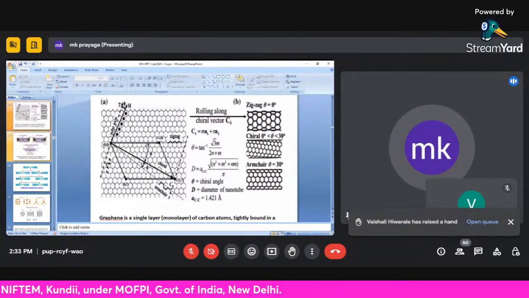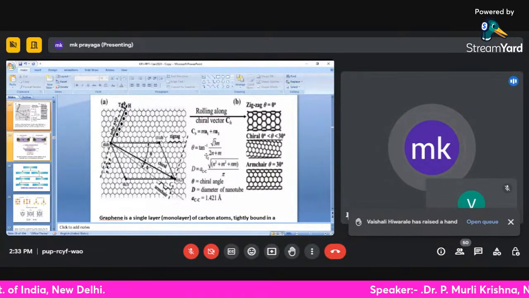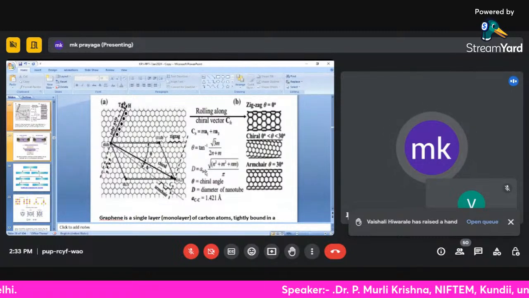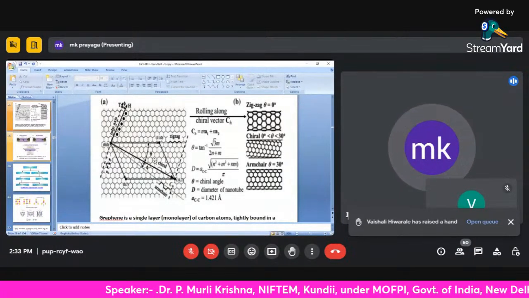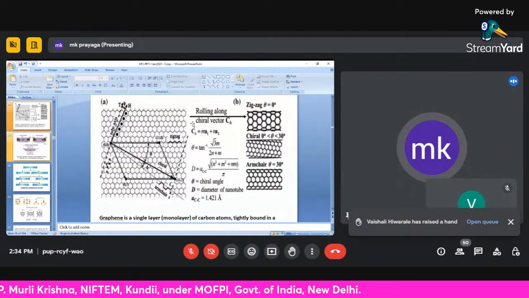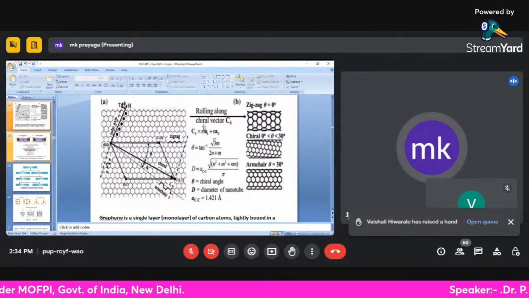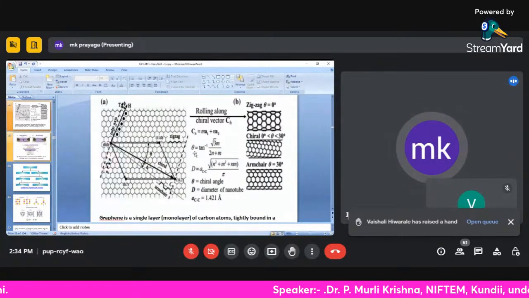So theoretically, you can find the theta value as well as the diameter of the tube with this chiral vector. The chiral vector Ch is equal to n times a1 plus m times a2 vectors. They are joined, and these unit lattice vectors give the value of the diameter of the tube. Then you will find the chiral angle theta value.